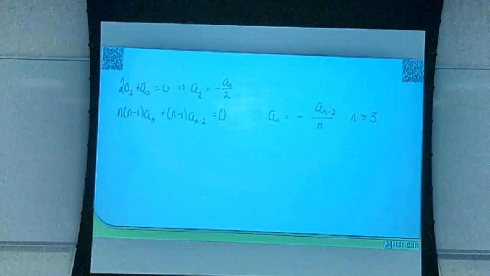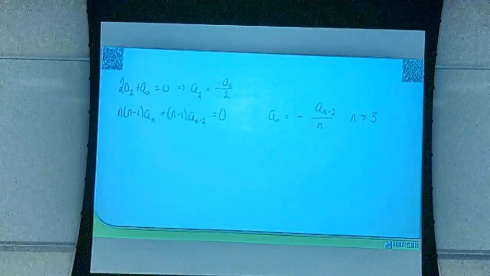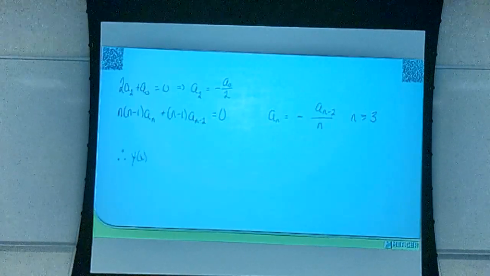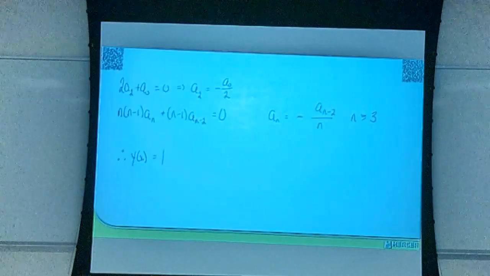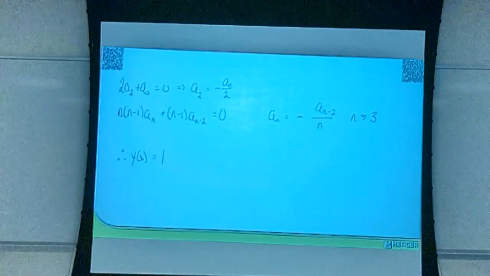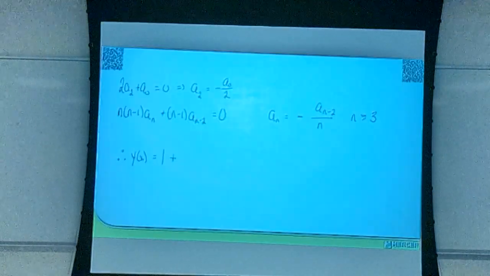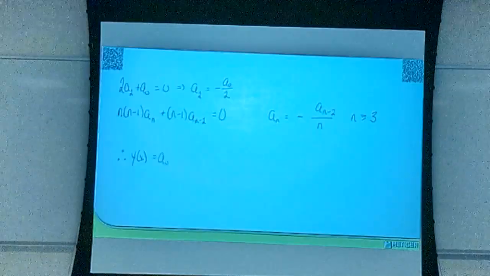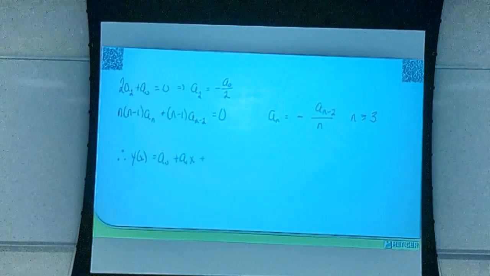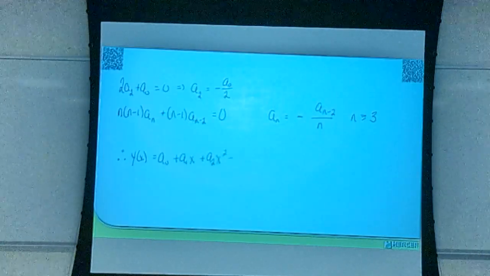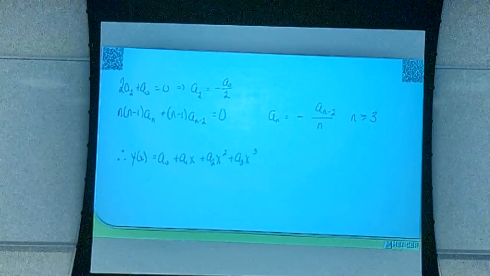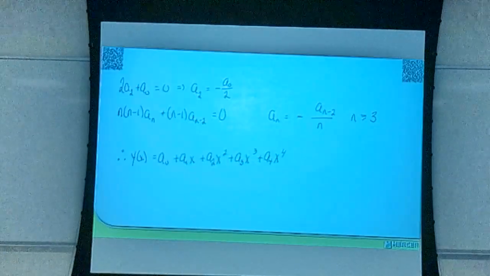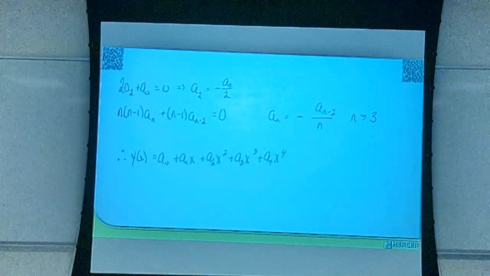But what was a naught? 1, right? A naught plus, right, because again, I'll write it out. What we're doing is we're doing this, right? To the x to the fourth?